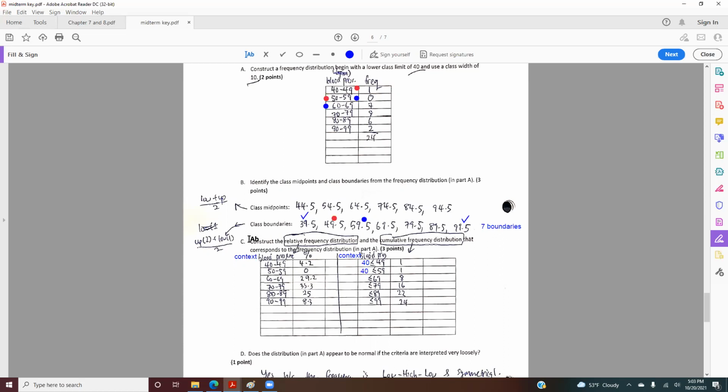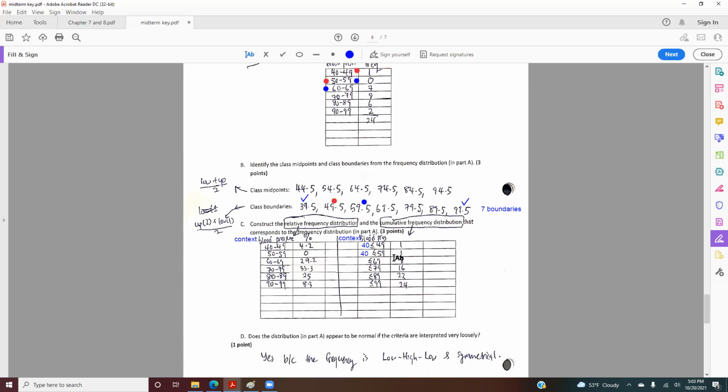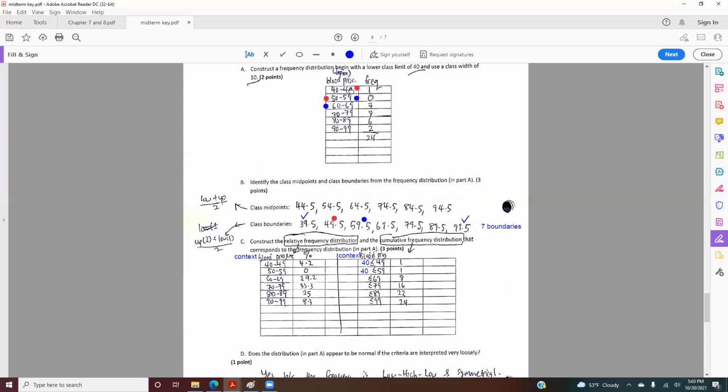I just did the relative and cumulative. Again, numbers without context are meaningless. So if you just give me these numbers, what does this number mean? But it says to the frequency distribution in part A. And the same thing with cumulative. Even the cumulative, you cannot use this context because it's not the same.